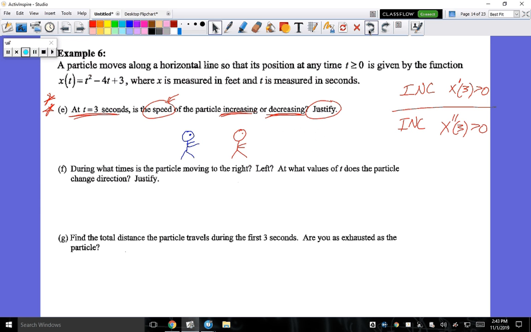As he's walking with a positive velocity, I'm going to come up behind him with a positive acceleration, and I'm going to push him. Okay? So if his velocity, aka x prime of t, is positive, and my acceleration that I hit him with is also positive, guess what's going to happen to Arjun?